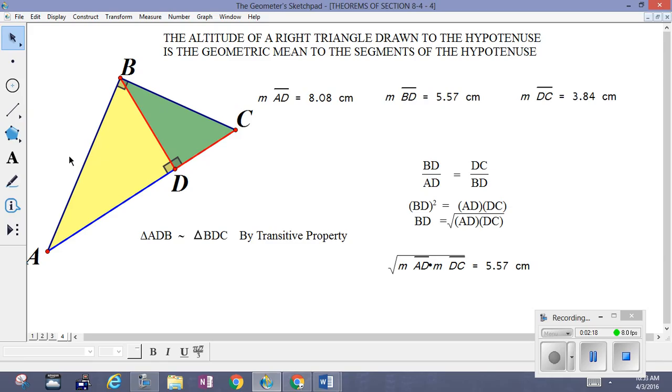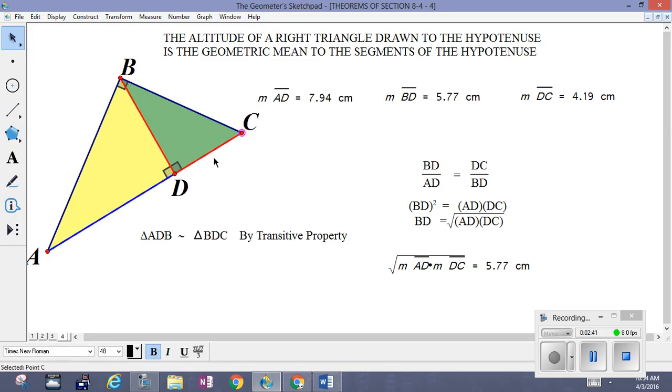Because the yellow and the green triangle are similar, we can set up a proportion that says BD is to AD as DC is to BD. That is to say that the altitude segment BD is the geometric mean of the two pieces of the hypotenuse that it created.